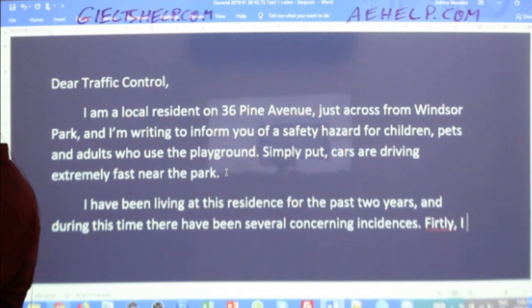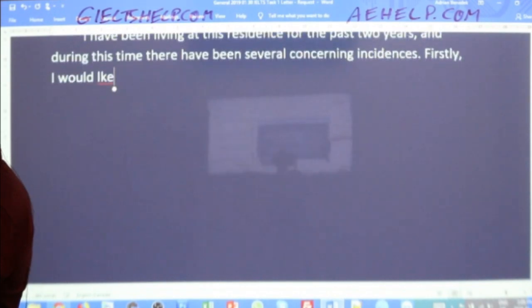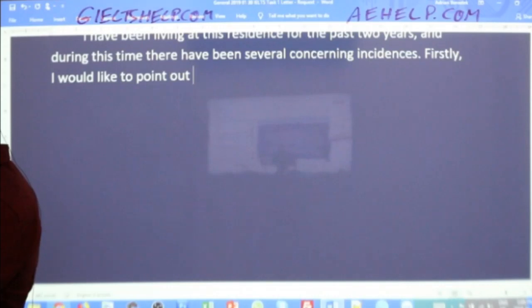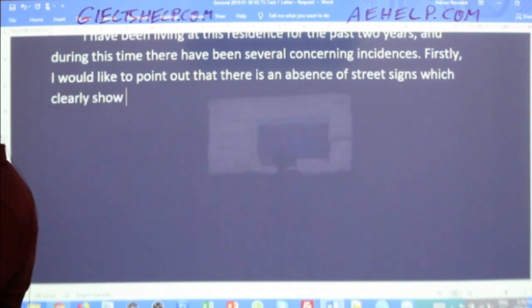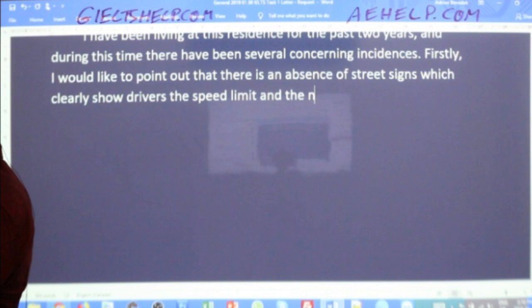Firstly, I would like to point out that there is an absence of street signs which clearly show commuters, drivers of the speed limit and the nearby playground. Okay.